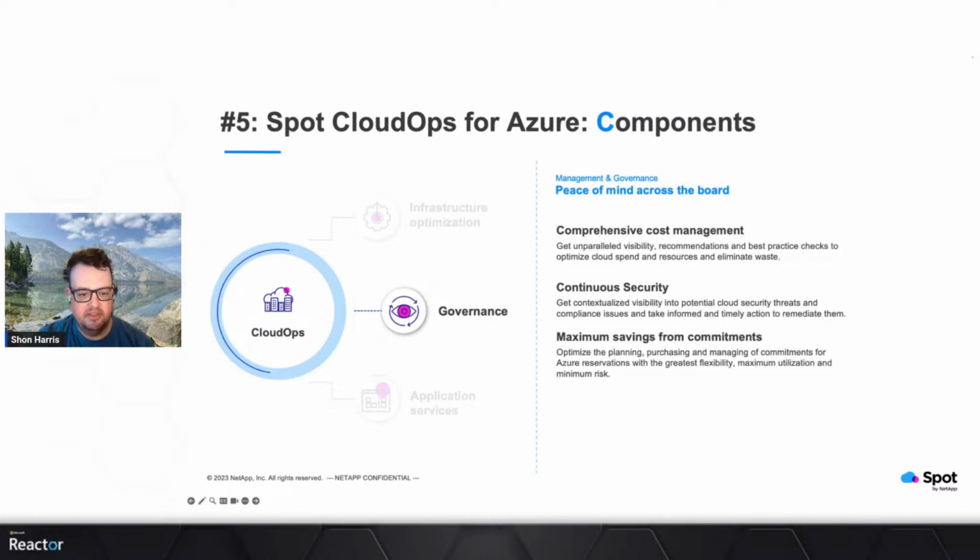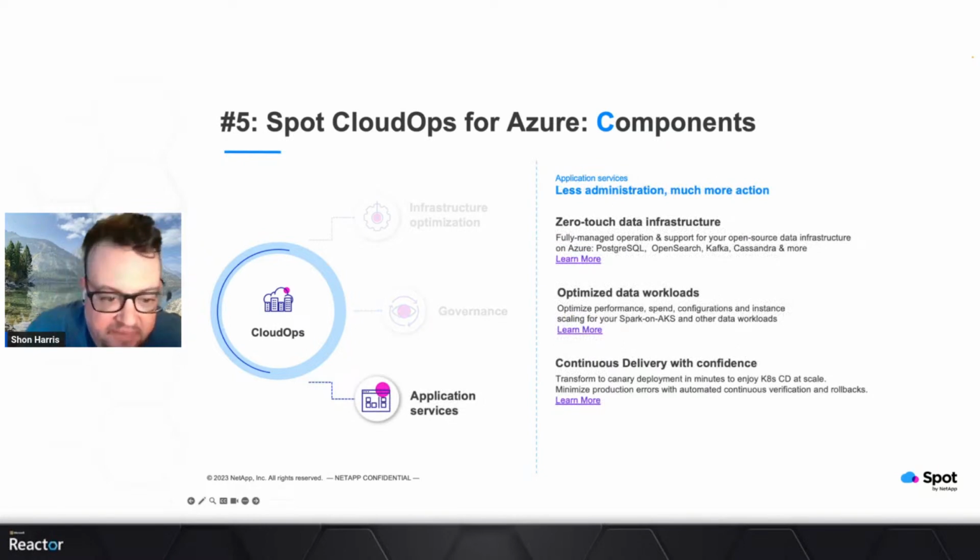So we help you optimize the planning, the purchasing, the managing of those commitments and your financial obligations through Azure with the greatest flexibility that gives a bend towards you, the customer, versus the scaler. And we try to ensure the maximum utilization at the minimum risk. And that's going to make your management happy because there's nothing CFOs love more than maximizing utilization and minimizing risk.